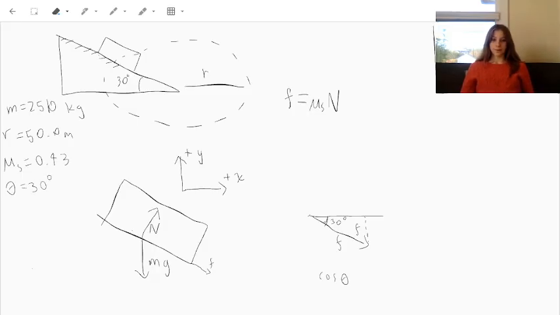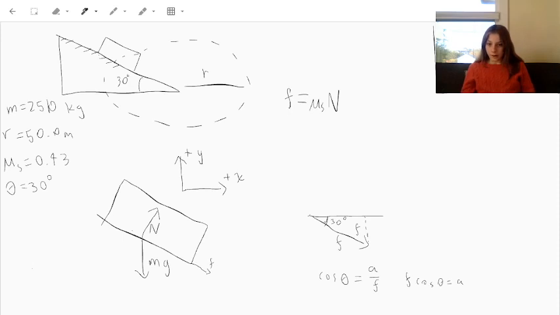So remember SOHCAHTOA, so cosine of theta is going to be equal to CAH, so C is our cosine, and then adjacent over hypotenuse. Our hypotenuse is our frictional force, but we want to figure out our adjacent side. So I'm going to substitute in F for h, for our hypotenuse. And if we're trying to find a, then it's going to be F cosine theta is equal to a.